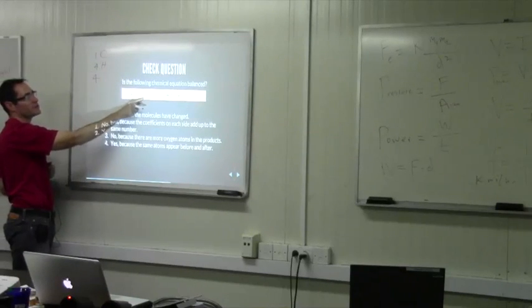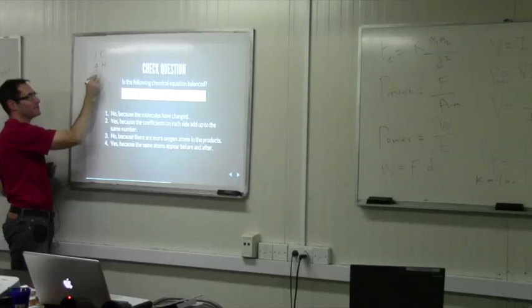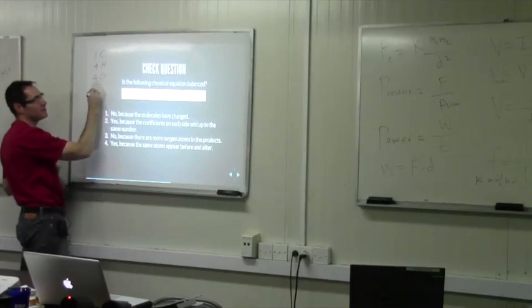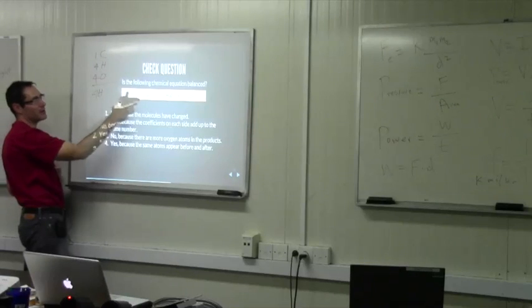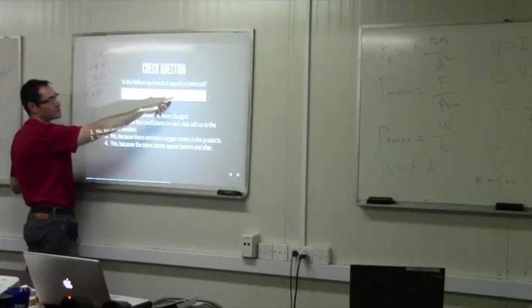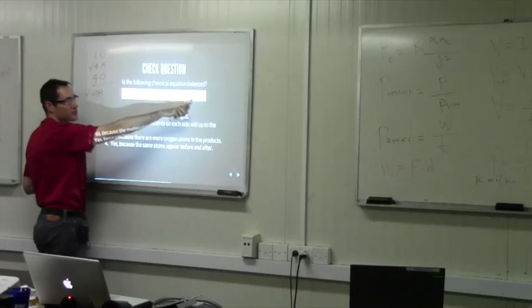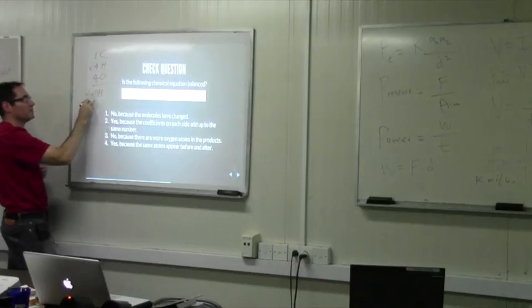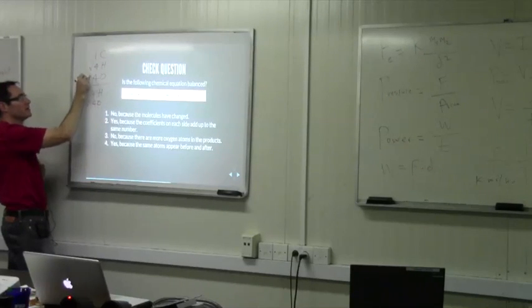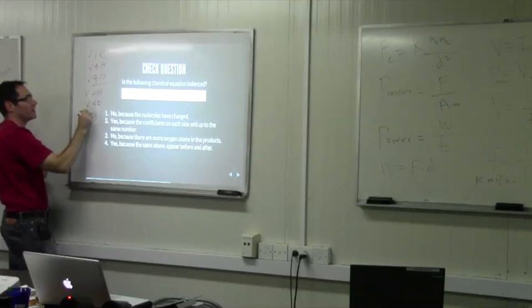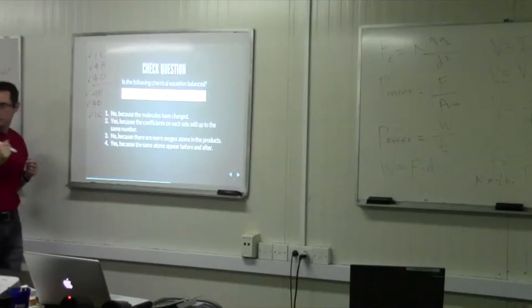Careful. 2 times 2, 4 oxygen atoms. How about the other side? How many hydrogens? 4 hydrogens. Check. How many oxygens? 2 times 1 plus 1 times 2 is 2 plus 2, 4 oxygens. We're good. And then how many carbons? 1 carbon and 1 carbon. So we're good. Is it balanced?